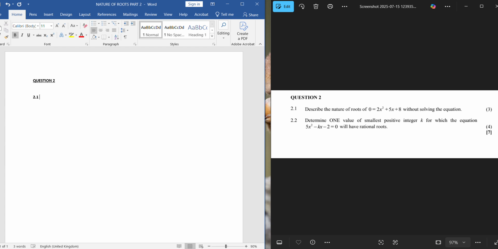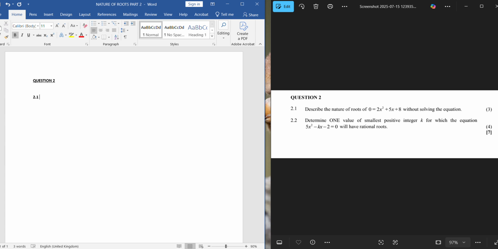Taking a note from my previous lesson, in question number 2, candidates, you are not supposed to solve for the distinct solutions of x using the quadratic formula or factorization.